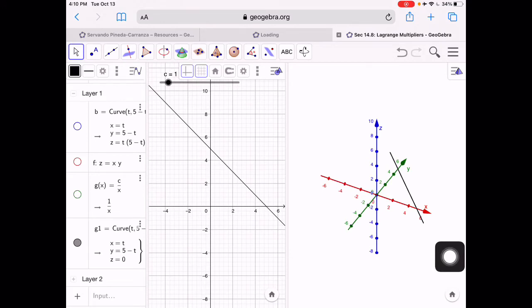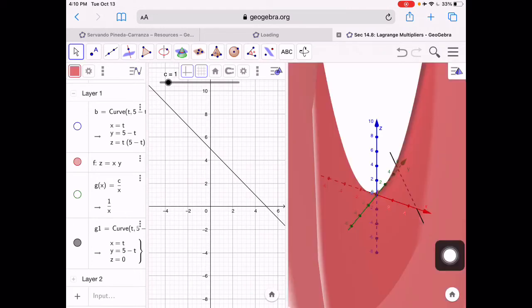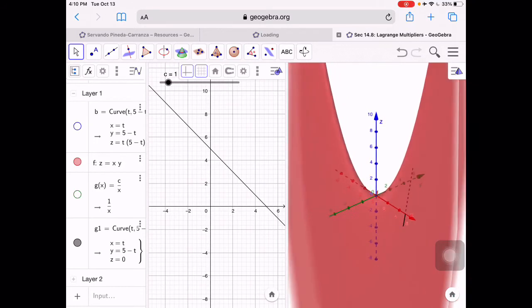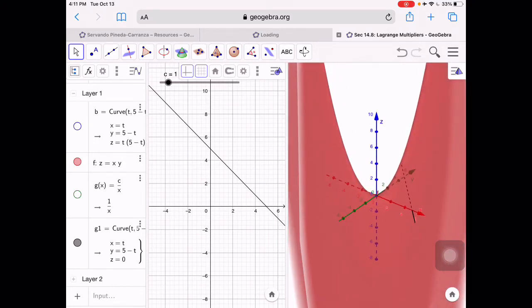Okay. We're trying to optimize the function A equal to x times y, which I rewrote as a function right here. And so that's this function with this surface. This is the surface of this function, x times y.